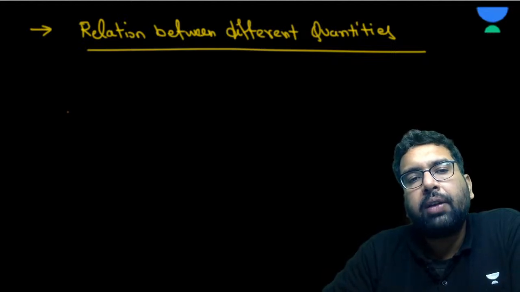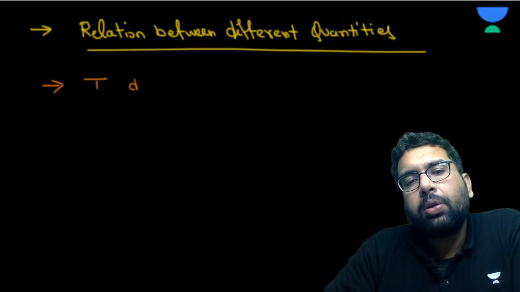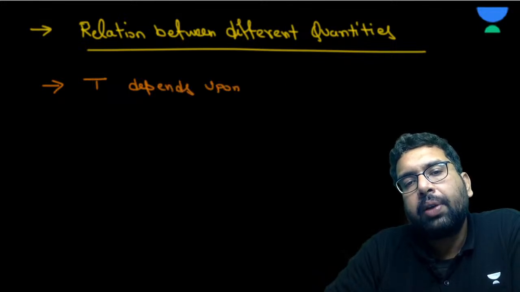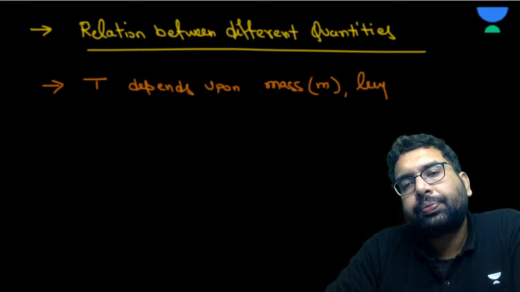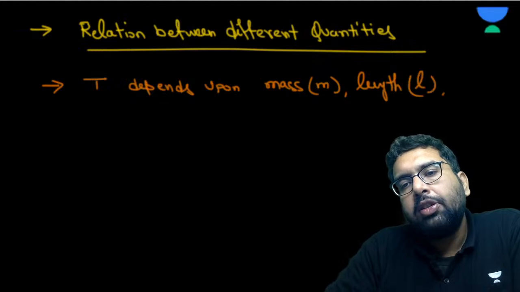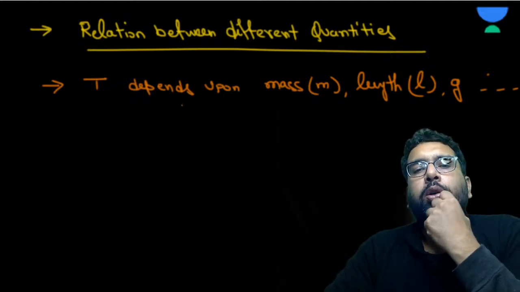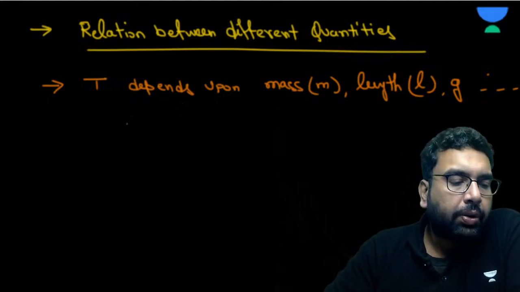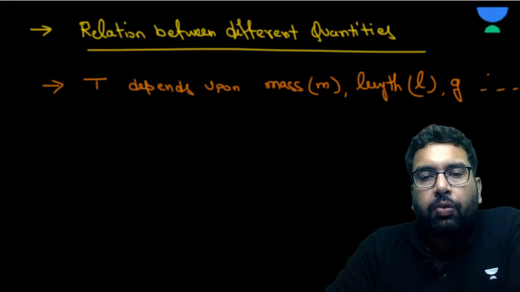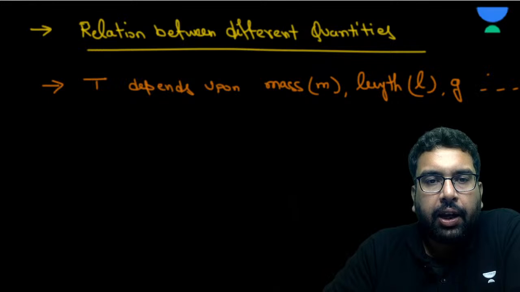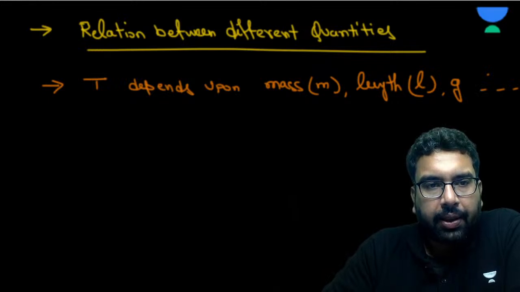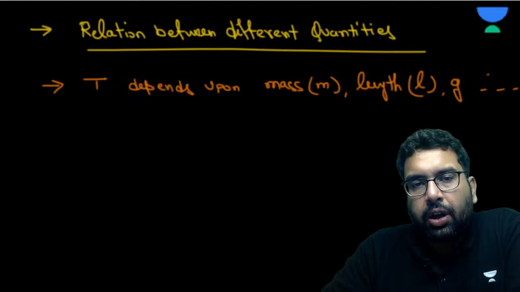For example, suppose the time period of a pendulum depends upon mass m, length L, and g, the acceleration due to gravity. This information is given and you want to find the formula of T in terms of these three. How can you approach it?